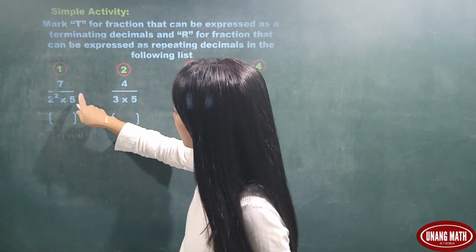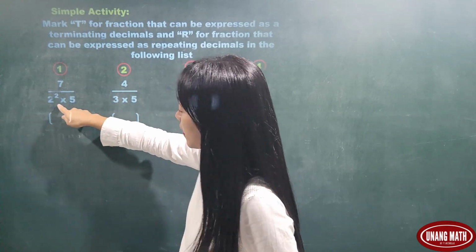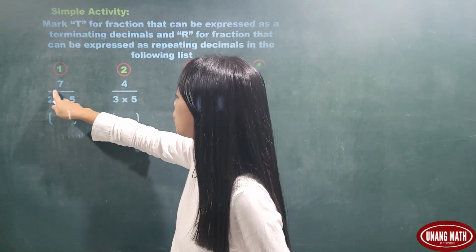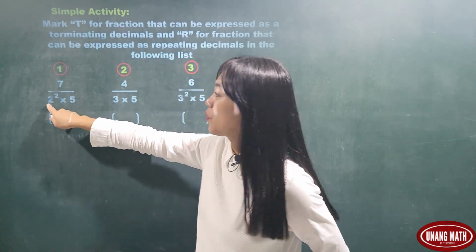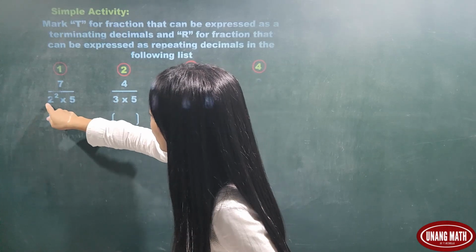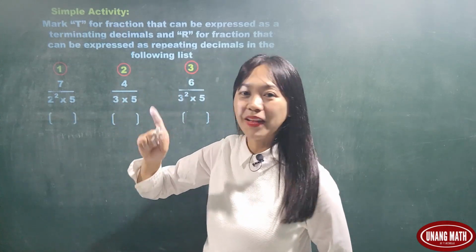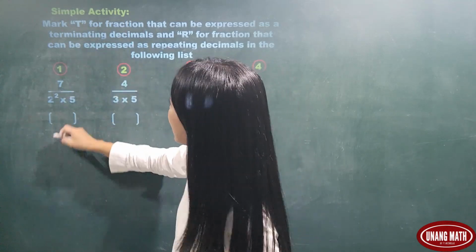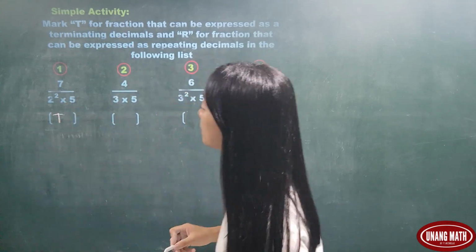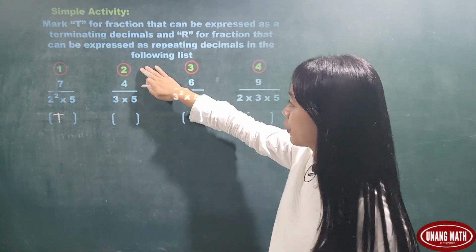This one is in simplest form. Check the denominator, 2 squared times 5. The denominator's prime factors are 2 and 5. So this fraction is a terminating decimal. So this is T.